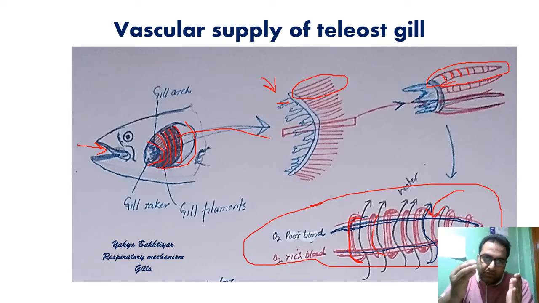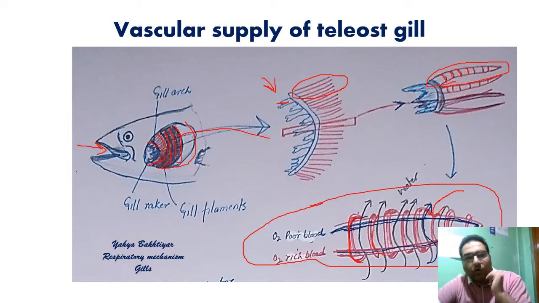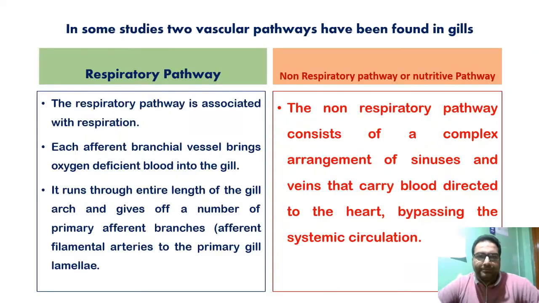The oxygen from the water gets into the oxygen deficient blood, and the carbon dioxide from the blood goes to the water, and the water leaves out of the gills. This is a summarized way. Now we shall be talking at length about this in the next slide.